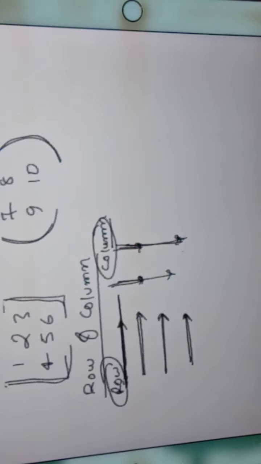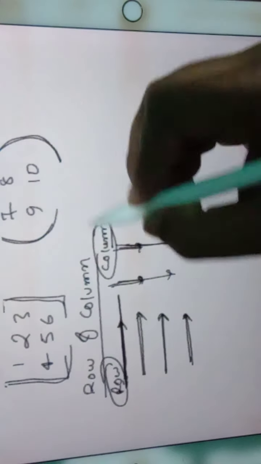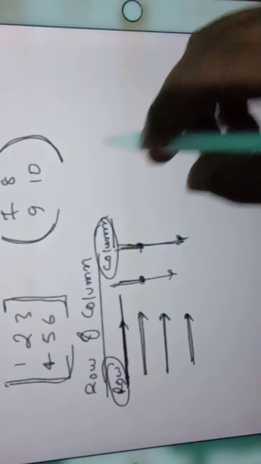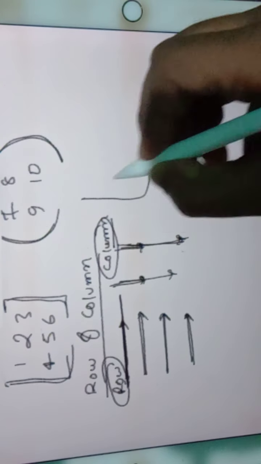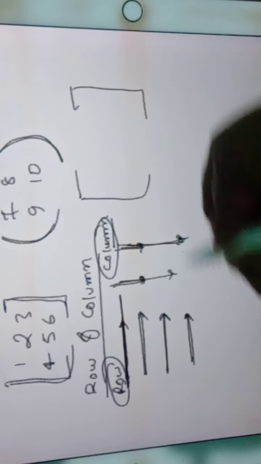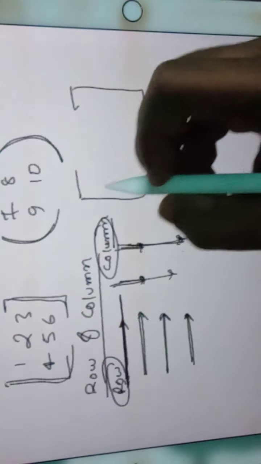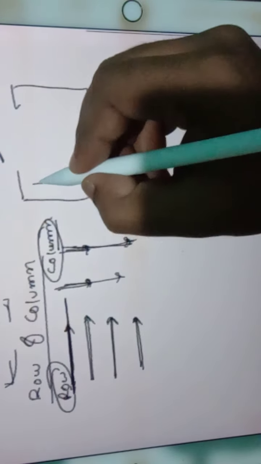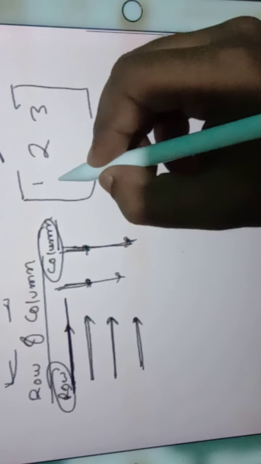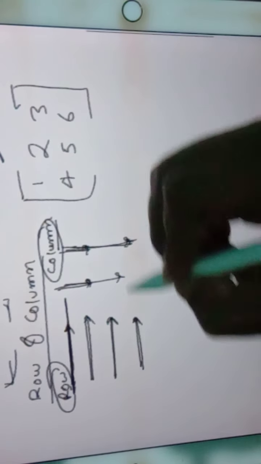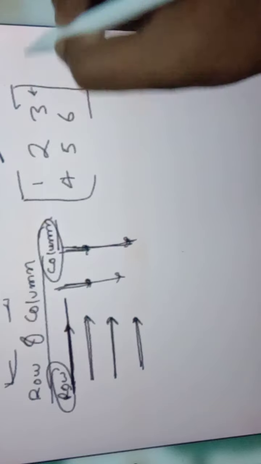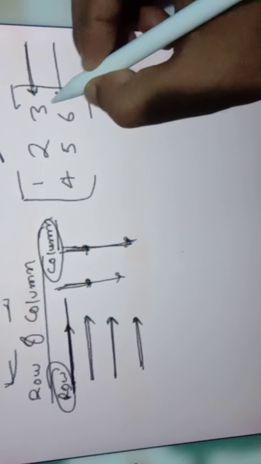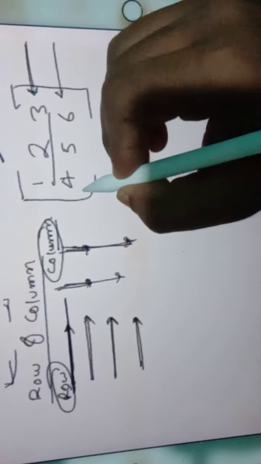Row and column. Then what is the use of row and column in matrices? As we know, a matrix is an arrangement of numbers. If we arrange numbers like this, 1 2 3 4 5 6, then this is a row. There are here two rows, one is this one and the second one is this one.